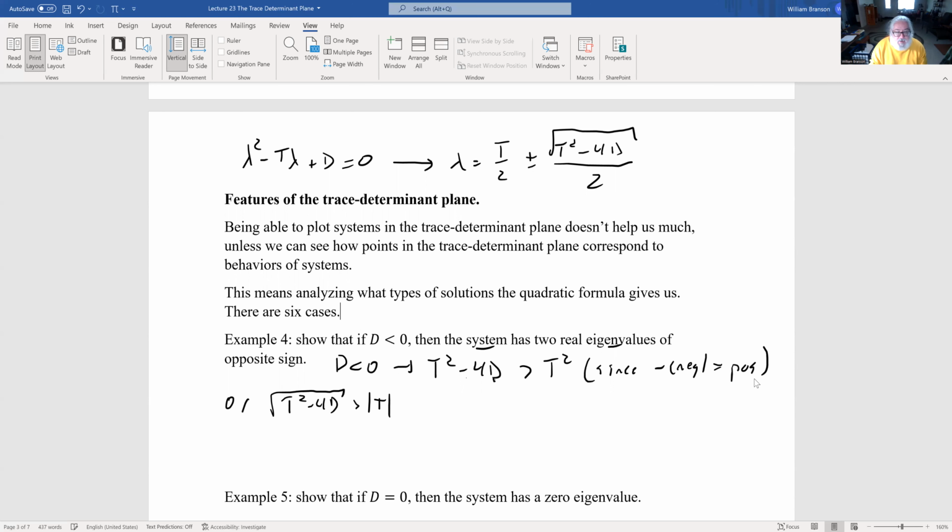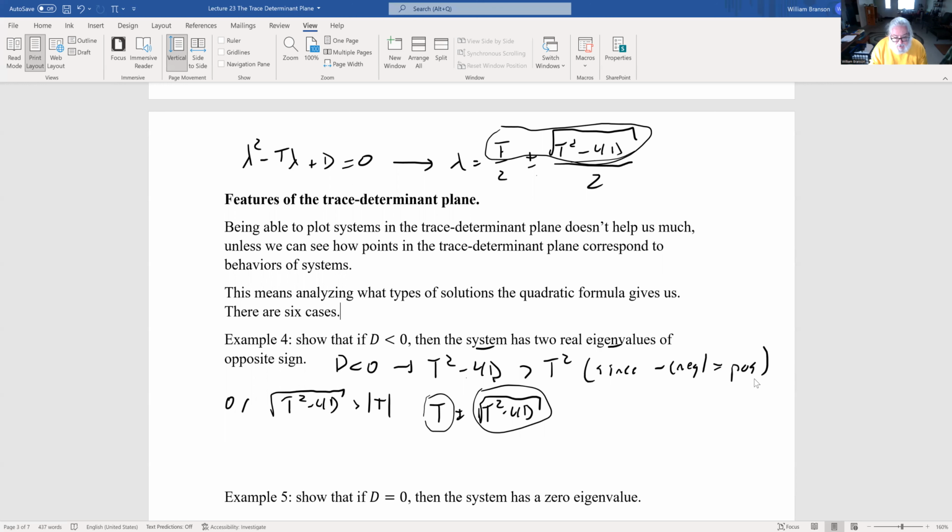What does that mean? Well, if we look at our equation, we'll take t plus or minus the square root of t squared minus 4d. But the square root number is bigger in absolute value than t.